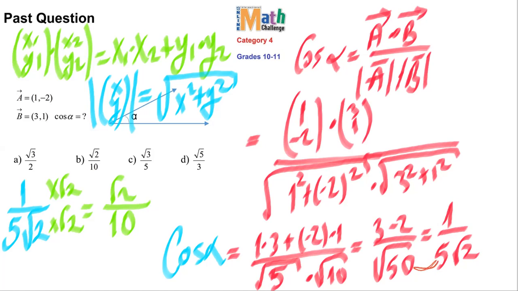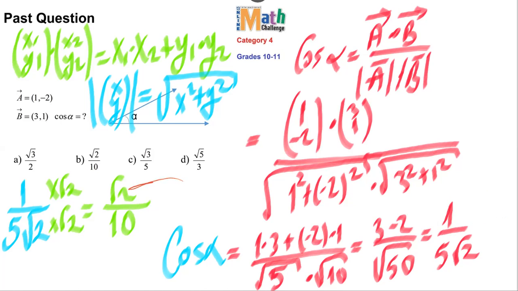The relation between these two is this is 25 times 2, and 25 can come out as 5 because 25 is a perfect square number. So these two are equal. But this is not in the answer key because generally we do not like a square root number at the bottom. So to make it better, we multiply both sides by √2.